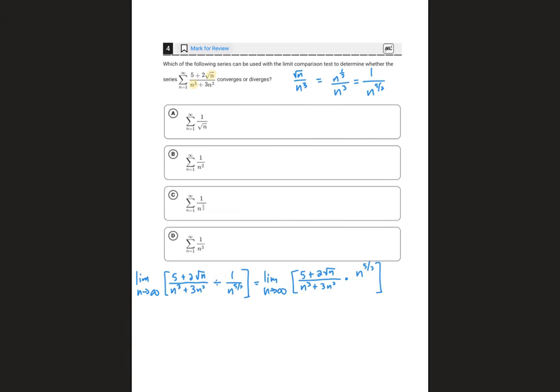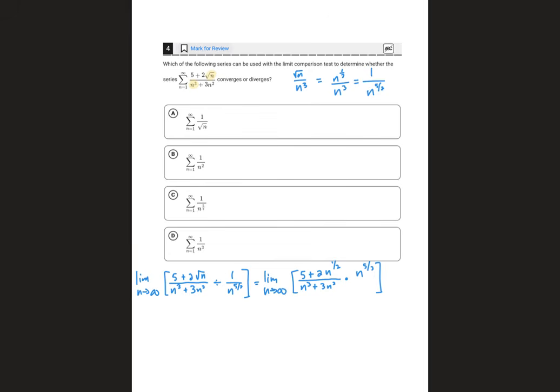Okay, in this step also, I'm going to change this root n to n to the 1/2. I don't have much room to write, so I'm going to save space by not writing another line.